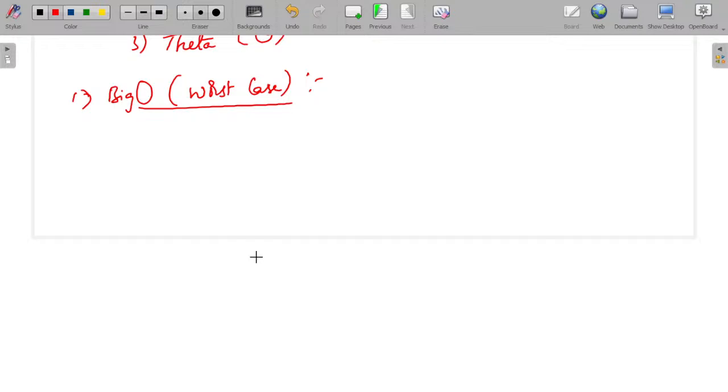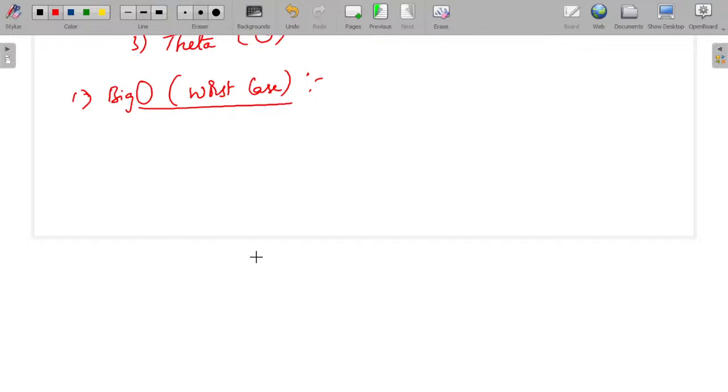So we use big O notation for representing the time complexity or space complexity of any given algorithm in data structures. Why big O? Because the worst case is the safest way of telling the complexity of any given algorithm, because that will always tell users the maximum amount of time it is going to take.